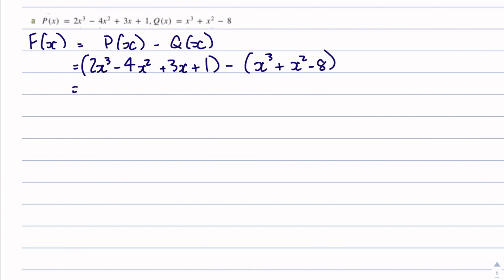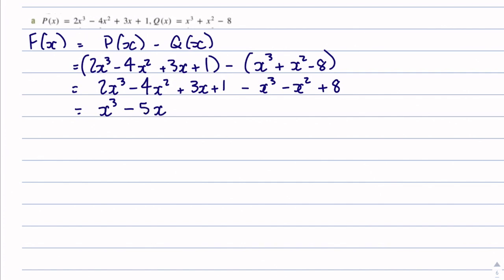So we've got 2x cubed take 4x squared plus 3x plus 1 take x cubed take x squared plus 8. Which means we've got 1x cubed, we've got negative 5x squared, we've got 3x, and we've got 9.